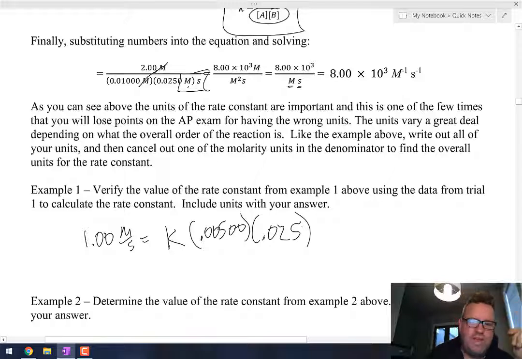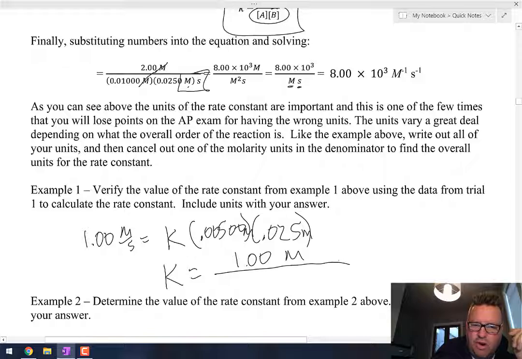And now we just go to the calculator. Now we solve for K. And again, this is molarity, this is molarity. So K is going to equal 1.00 molarity per second over 0.005 molar times 0.025 molar. And those molarities are going to cancel.